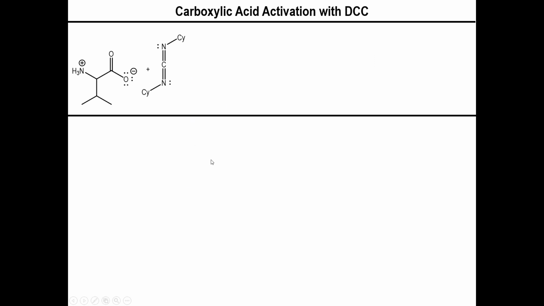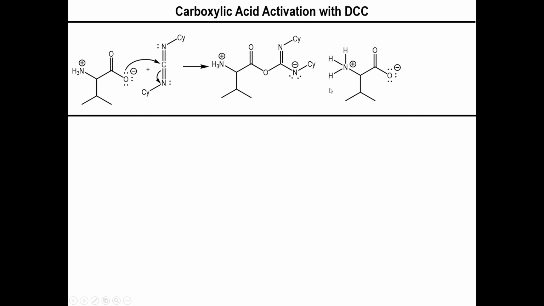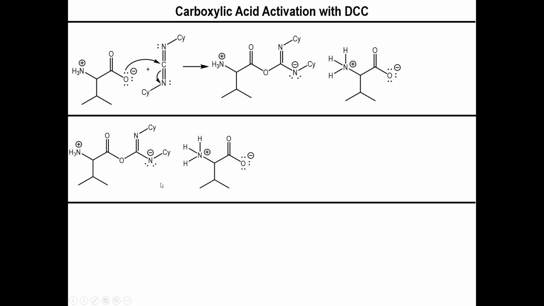Now that said, as far as the mechanism is concerned, you have the carboxylic acid reacting with the carbon component of this diimide, and one of those pi electron sets will go to one of the nitrogens, creating this intermediate. You will have, probably, an amino acid around to protonate that anionic nitrogen that you've created.